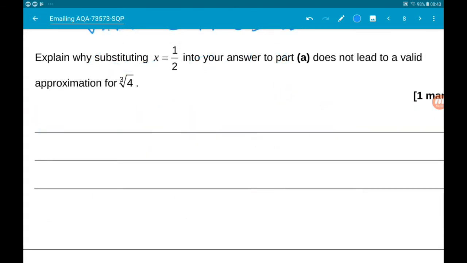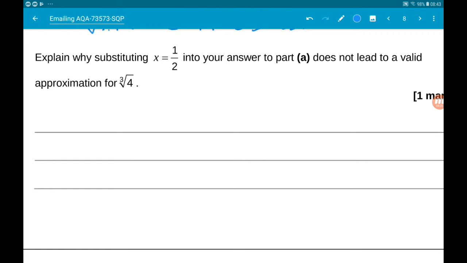Okay, then for part C, we are asked to explain why substituting x equals 1/2 into our answer to part A does not lead to a valid approximation to the cube root of 4.